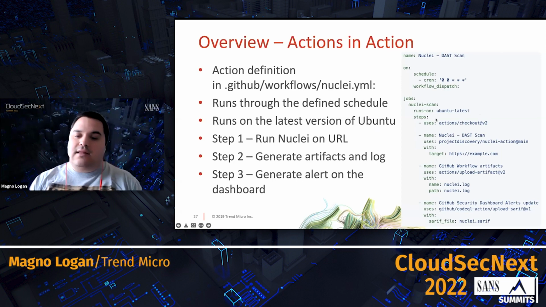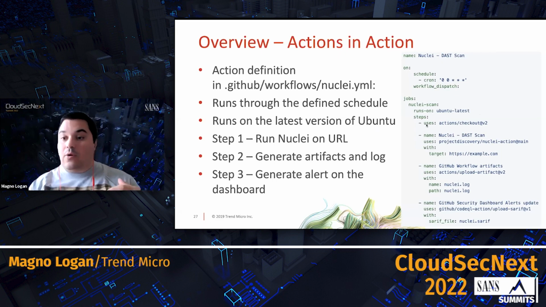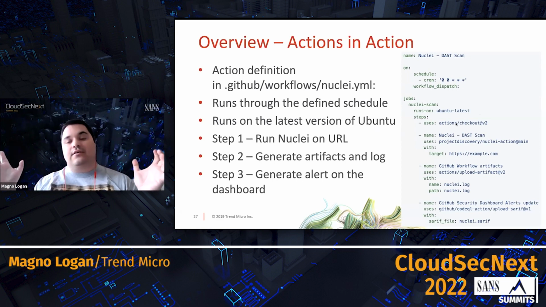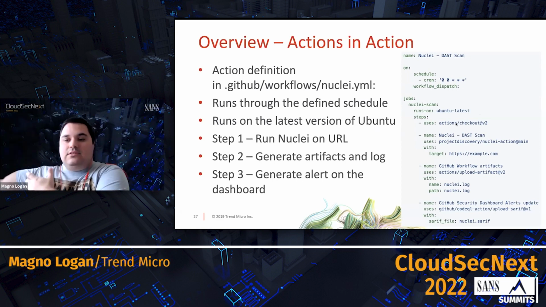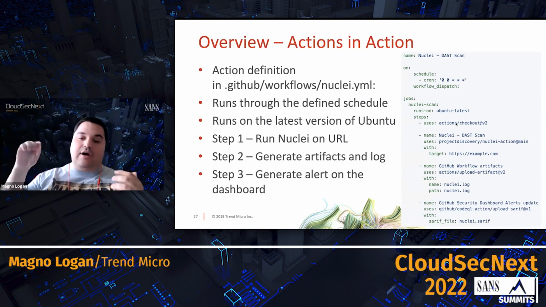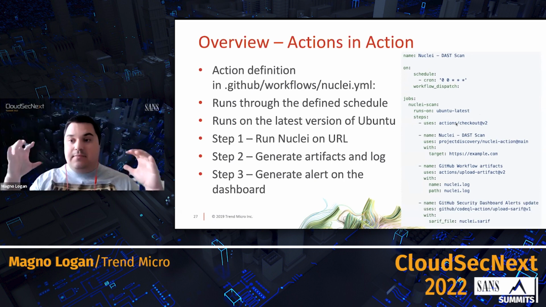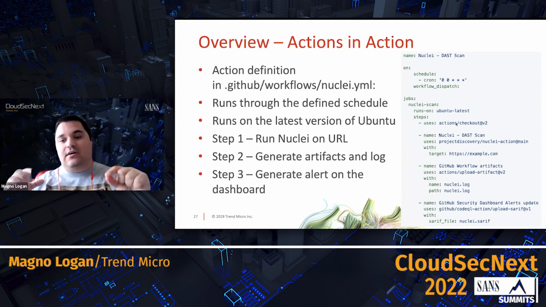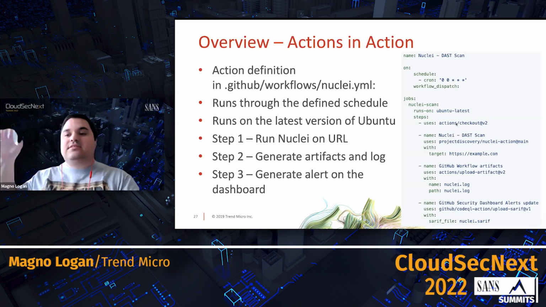Okay. And then these are the steps that I'm doing, right? It's interesting because, as I said, a step can be a script or it can be another action. And here I have actions/checkout@v2. So what's going on here? I'm using somebody else's action to do some automation first. This actions/checkout represents the specific public repo, github.com/actions/checkout.